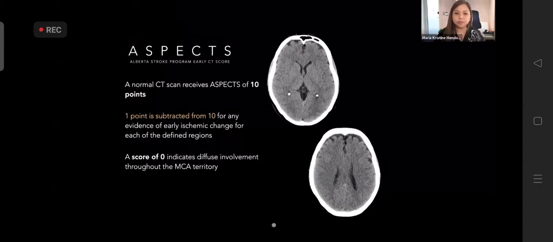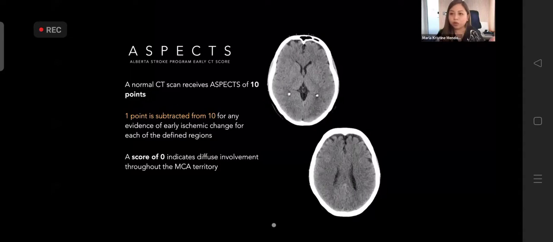to ensure that this is not just due to some artifacts or the volume averaging effect. So how do we compute for the aspects? Again, we look at those particular structures and areas in the MCA territory, and involvement of any of those would be subtracted from 10. Okay?